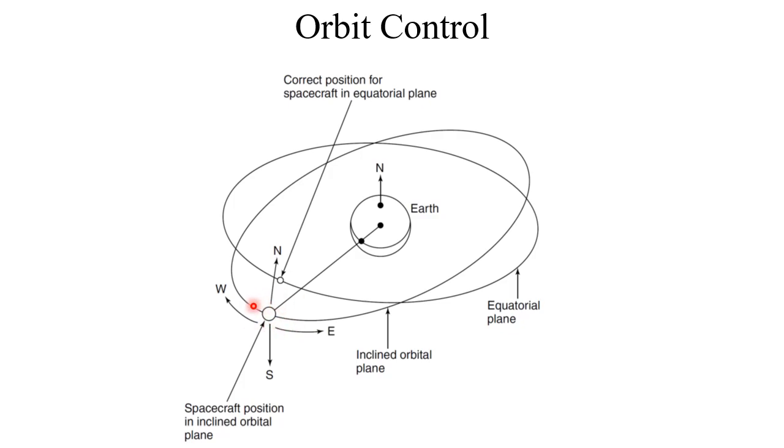What will happen if the fuel is exhausted? If the fuel is exhausted, then the thrusters will not work, right? That means the satellite will not be in its own position, it will change its position, and we are not able to move it back to its original position because all the fuels are now exhausted, right?